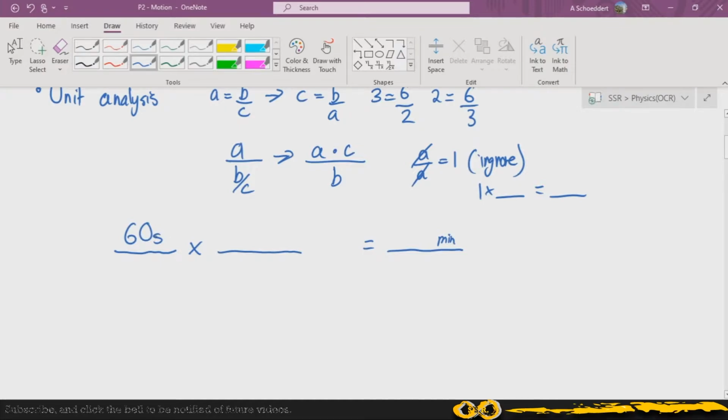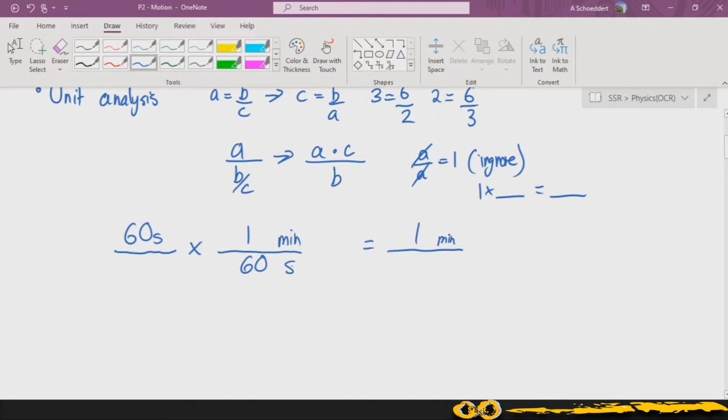We need to get rid of that, so we need the unit seconds on the bottom. And we have the unit minute on top, so we need to have minutes on the top. Now we just need to figure out what the conversion factor is going to be. And we know that a minute is 60 seconds, so the 60 goes down below and the 1 goes on top. 60 divided by 60, which is what you really did in your head, gives you 1 minute.